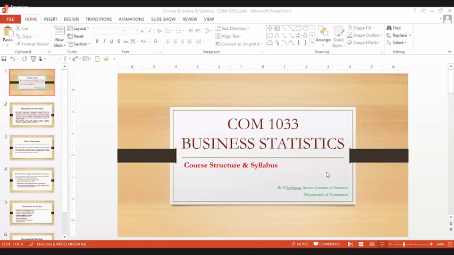Here we are using calculators to do the calculations, not statistical software, right? So understanding this first introductory course is important to pick up everything in the third year statistical course, right?